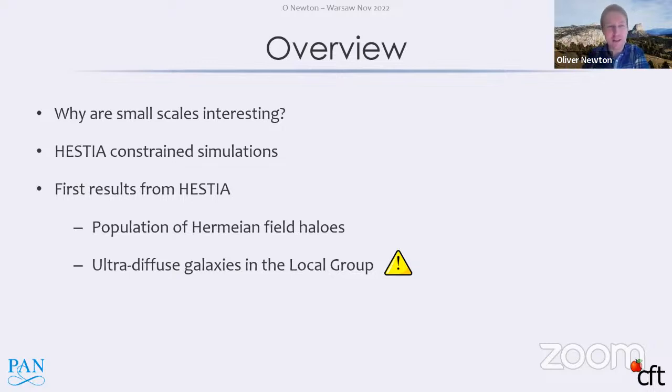And then I'll talk about some of the first results from HESTIA that I was working on, both while I was in France, and then some work that is current that hopefully will be published soon. So hence the warning sign. It's not published yet, but forthcoming and in progress.